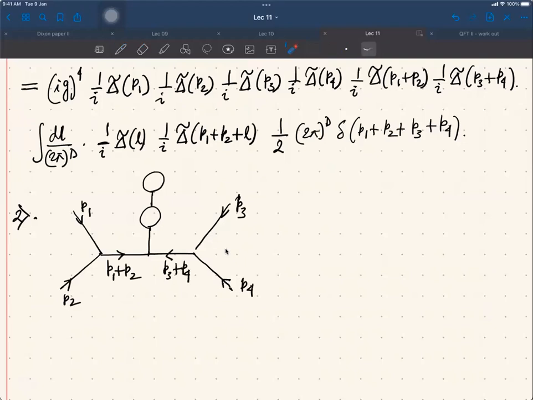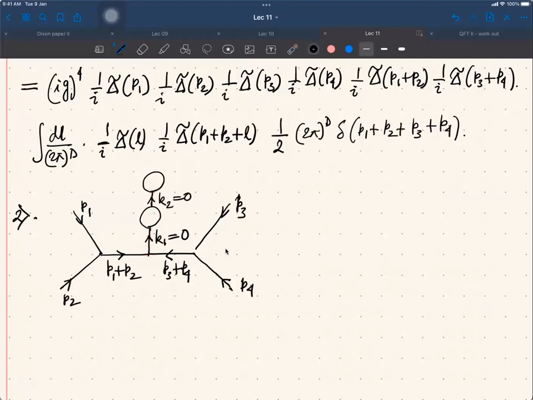Now, since P1 plus P2 is the same as P3 plus P4 with a sign reversed, at this vertex these two lines themselves complete the momentum conservation, and therefore the third momentum must be 0. So this is K1 equal to 0, and that K1 should be the same as this one, because if you put momentum conservation at these two vertices, the total momentum that is coming into the loop should go out. So this is K2 equal to 0.